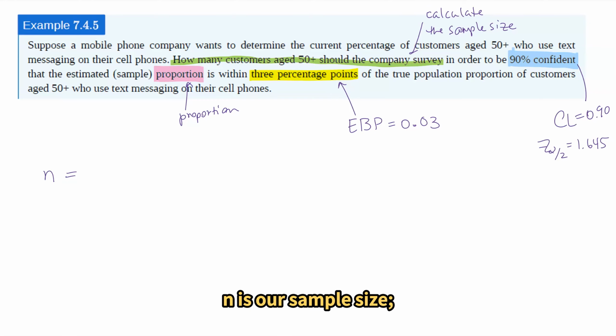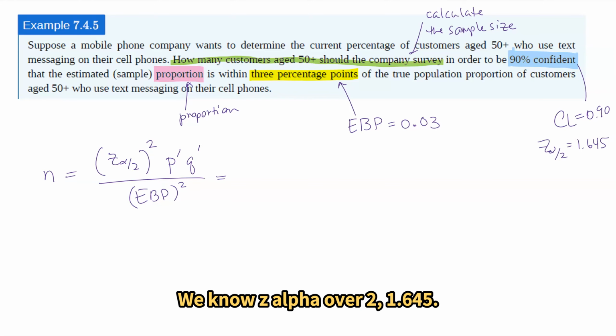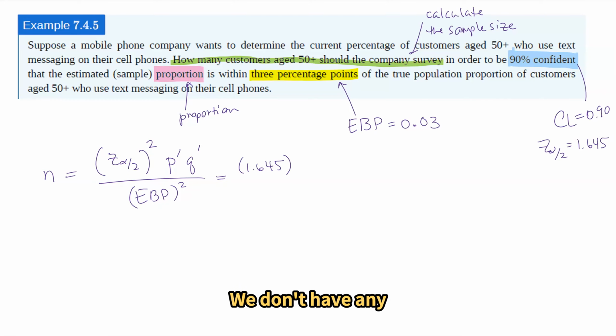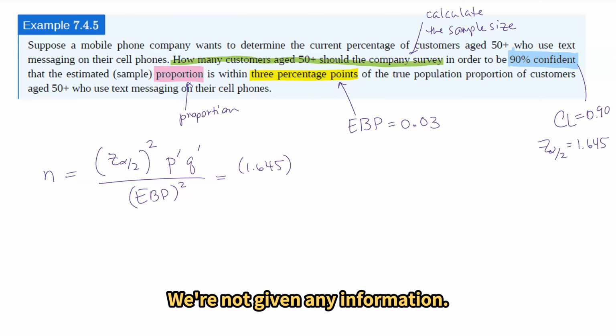N is our sample size, z alpha over 2 squared p hat q hat over our error squared. We know z alpha over 2, 1.645. We don't have any estimated proportion p prime. We're not given any information.